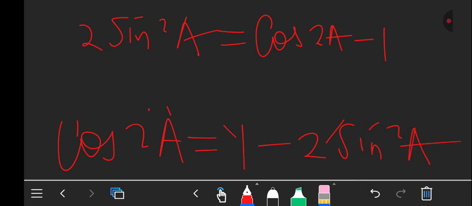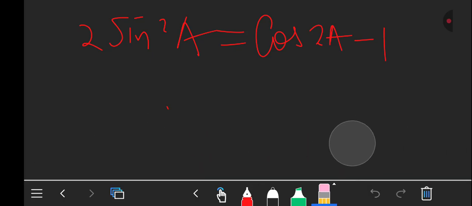Then what we can do here, we can divide the angle by 2. So 2 will cancel with this 2. Don't cancel the angle with the coefficient of the trig function. That is not mathematically right.